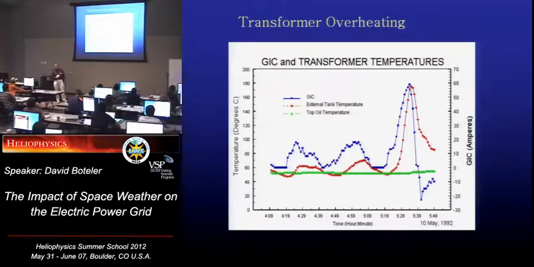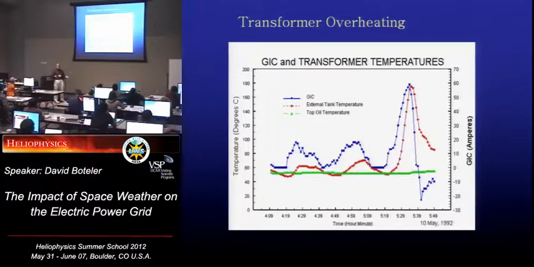There it can create eddy currents in those locations that can create localized heating. And heating has been a big concern for transformers, but it's not the overall temperature of the transformer as a whole, it is just very localized. So here's an example. The blue is the geomagnetically induced current. You can see it goes up to a peak here.